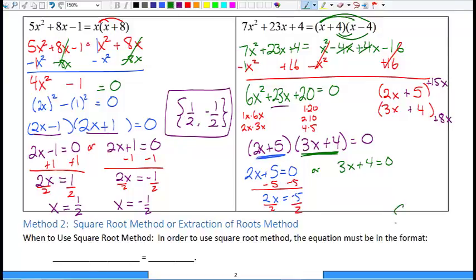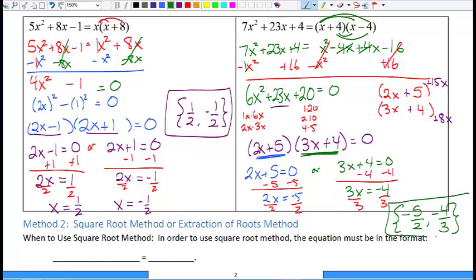So that's negative 5 halves as one of my answers. And then I'm going to subtract 4 on the other equation and divide by 3. So my other equation solution is negative 4/3. So those are my two solutions.